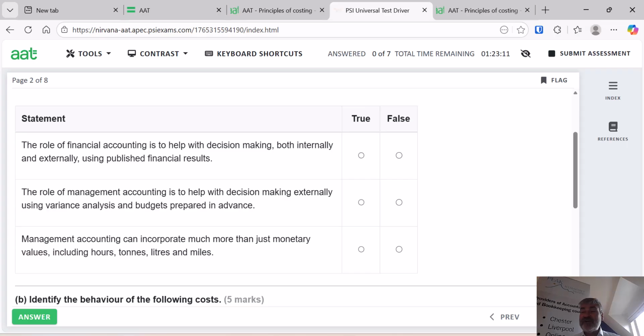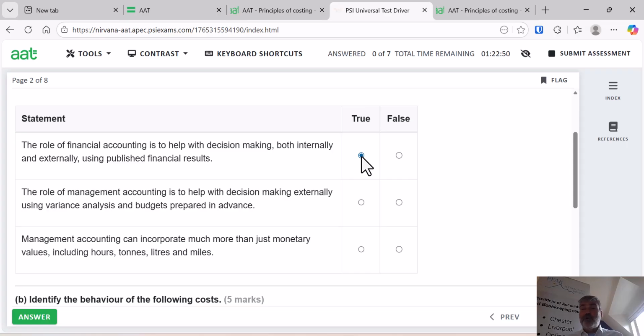But the key phrase is right at the end of the statement, using published financial results. For that reason, I'm going to say that this statement is true because it's talking about financial accounting information, the published results of the business.